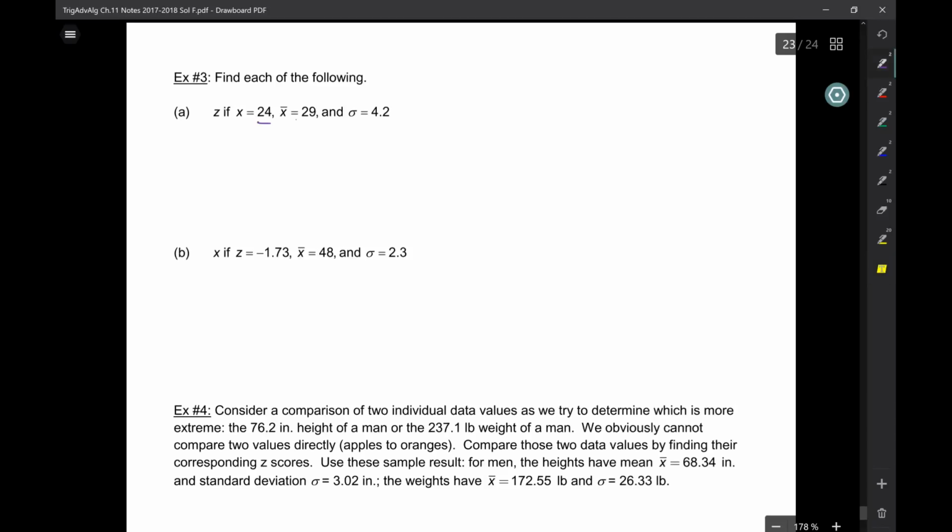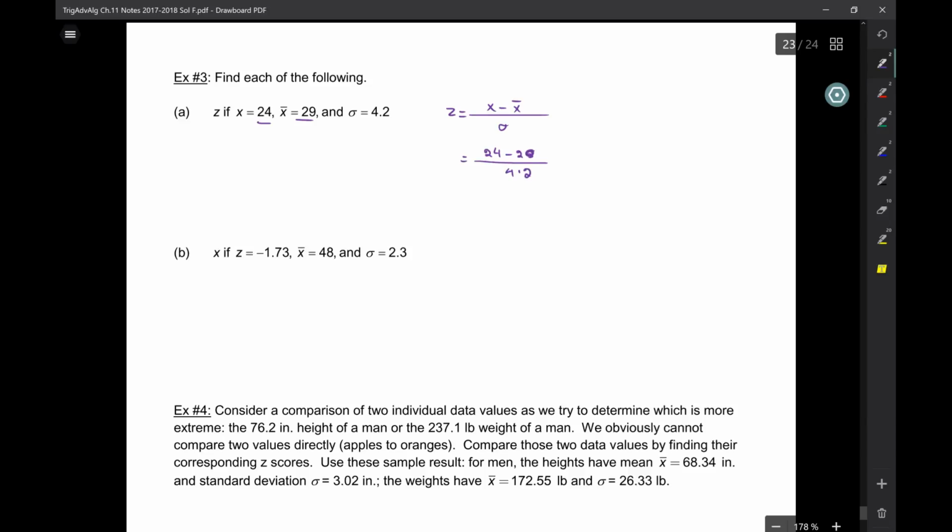X is 24, x bar is 29, and that's the sigma. We want z. So z is x minus x bar over sigma. Don't switch the order because negative or positive makes a difference.